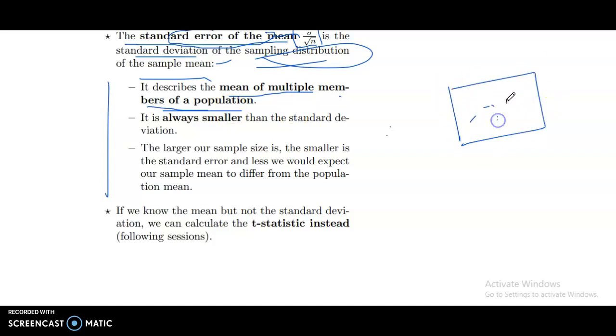It is always smaller than the standard deviation.